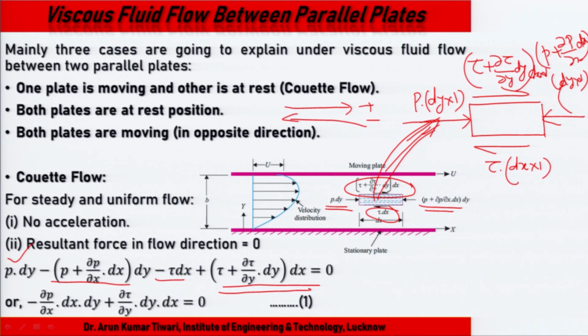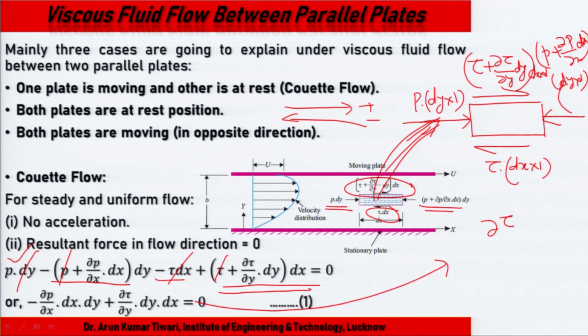Yes, if you solve, dpy cancelled out, this cancelled. What is remaining? Minus del p upon del x dx dy, so del tau upon del y dy dx. If you equate, what is the equation?